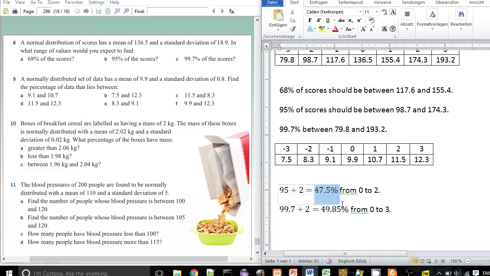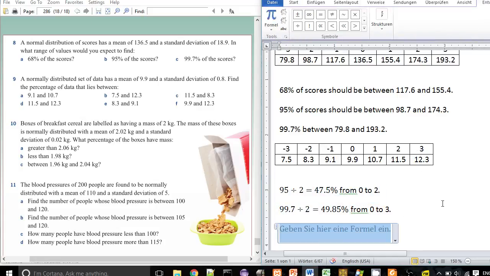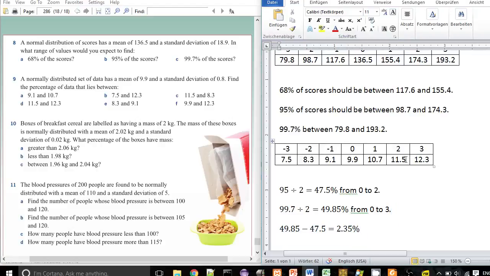Now, if we take the difference between those two, that'll tell us how many are in this range, between 2 and 3. Again, maybe you're meant to use a different method, because this can be a bit confusing. 2.35%. So 2.35% should be between these two numbers.